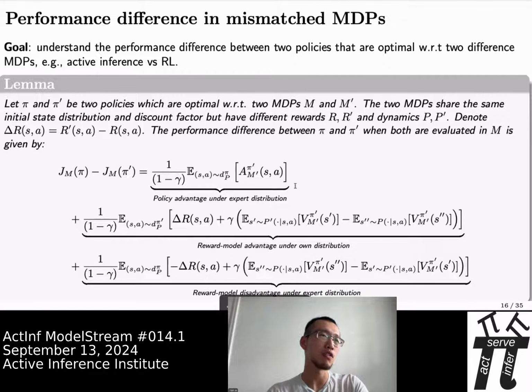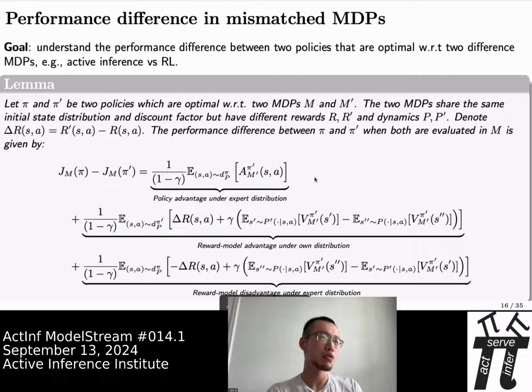The first term is the advantage of the actions drawn from policy pi, which I call the expert distribution because it's the better policy in this setting. And then the second and third terms are defined in terms of the model advantage, and I abuse notation or labeling to call it also the reward advantage.